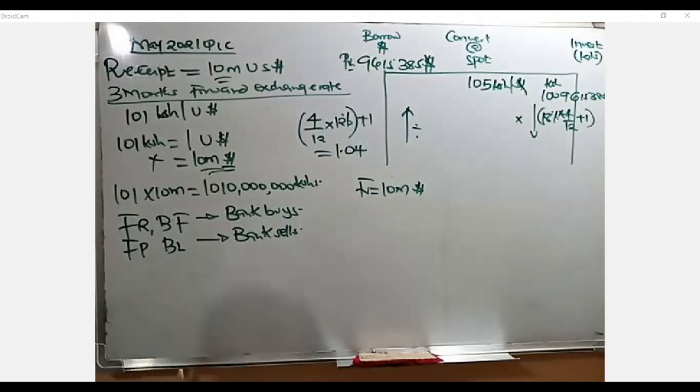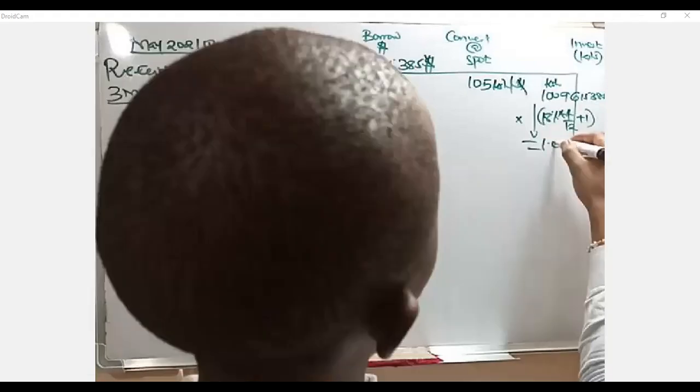Then we multiply by 1,009,615,385. I have not even written the answer there. So it will be 0.18 times 4 divided by 12 plus 1. This is equivalent to 1.06.